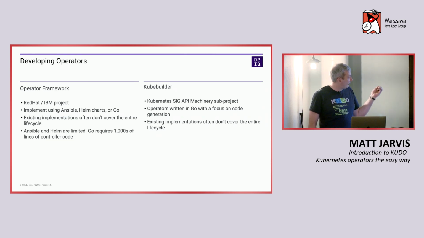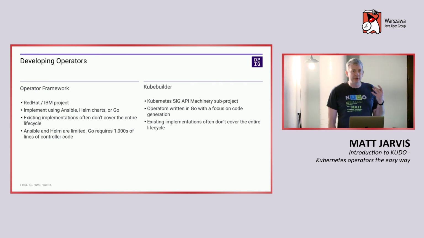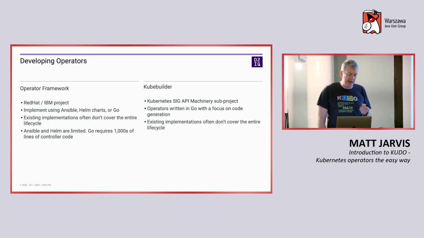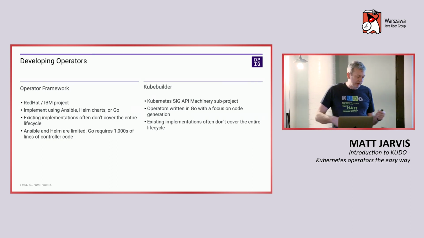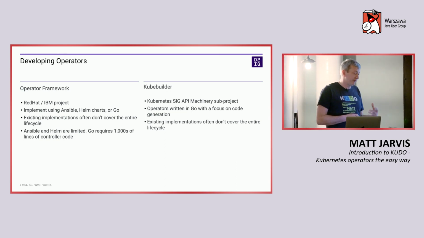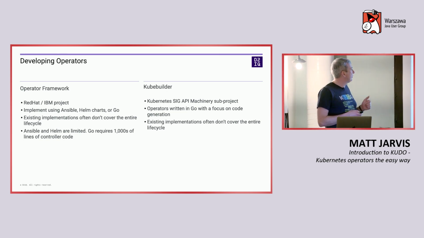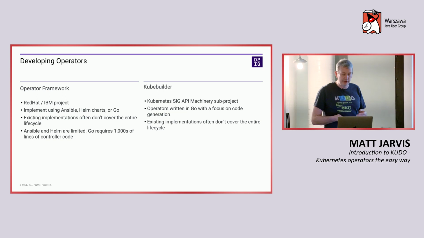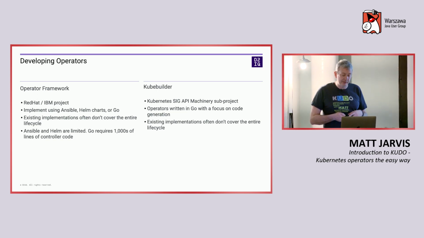CoreOS was acquired by Red Hat, so this is mainly developed these days by Red Hat and IBM. Whilst you can build operators using Ansible or using Helm charts, there's also a Go SDK. Ansible and Helm-based operators will tend to have limited functionality, and most operators built using the operator framework are built using the Go SDK if you want to do anything complicated.